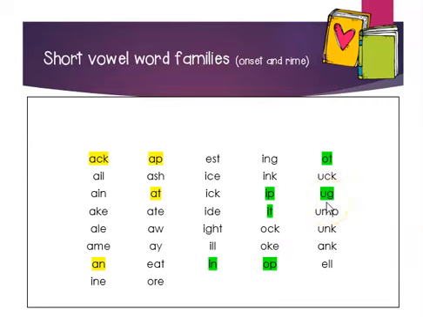The last column, I see a U and a G. I know that the U is a vowel, and I have to notice, is it closed by one or more consonants? Yes. So I know that the vowel U is going to make what kind of sound? That's right, short. It's going to say uh, ug.